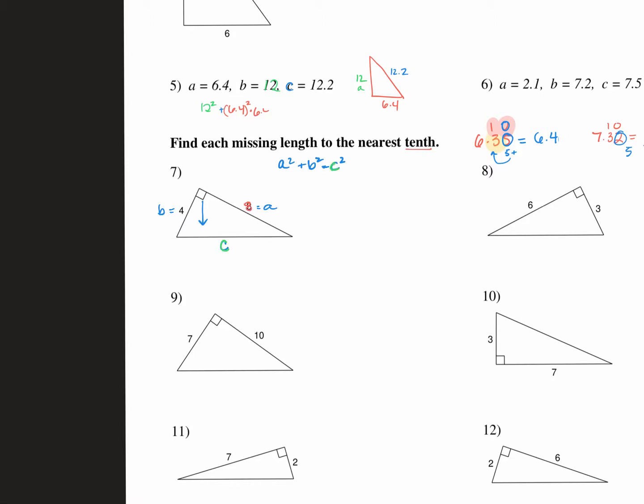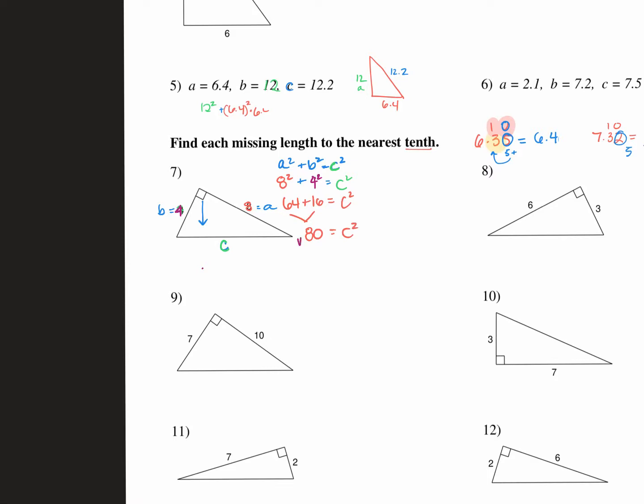So 8 is 8, so you're going to do 8 squared plus, oh my bad, let's use a different color, plus 4 squared equals C squared. Okay, so we're looking for C squared. So this is 64 plus 16 equals C squared. Okay, so then we add these. It's 80 equals C squared.